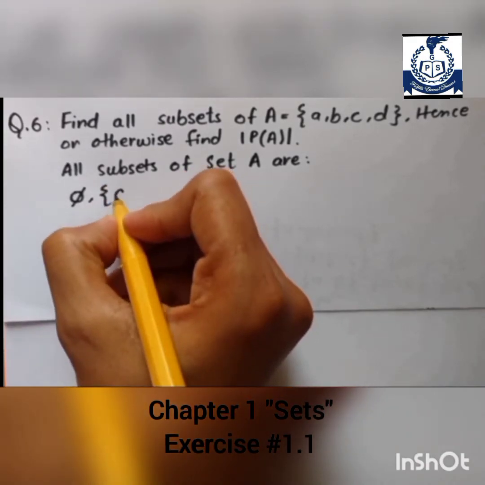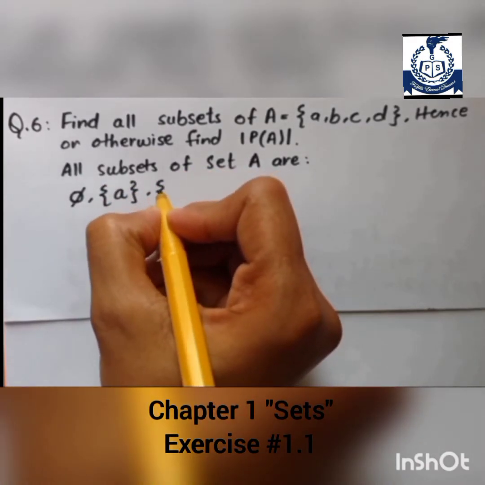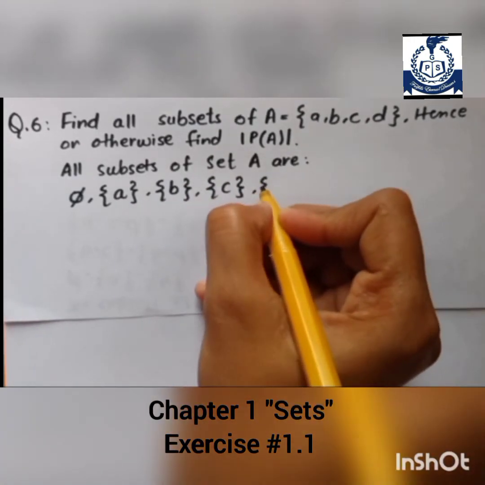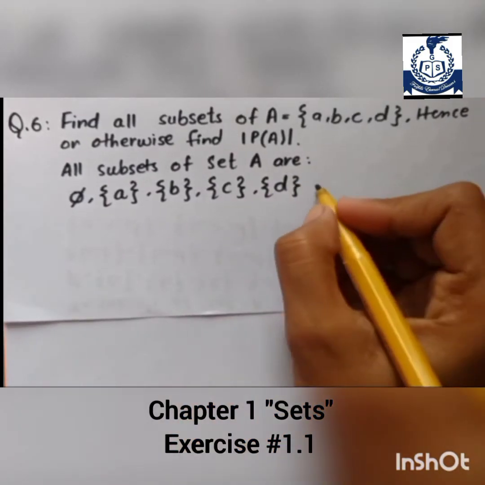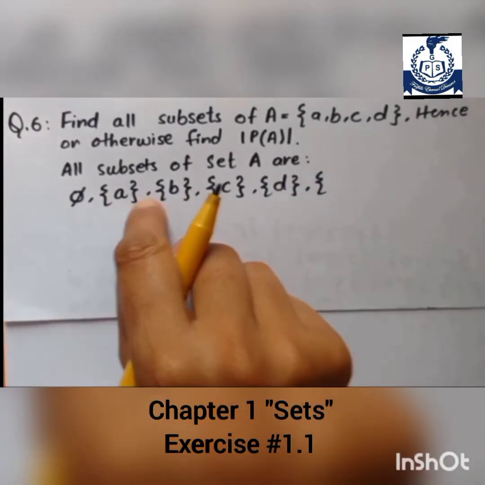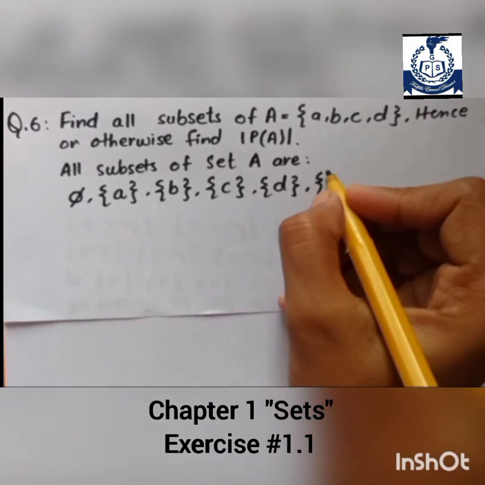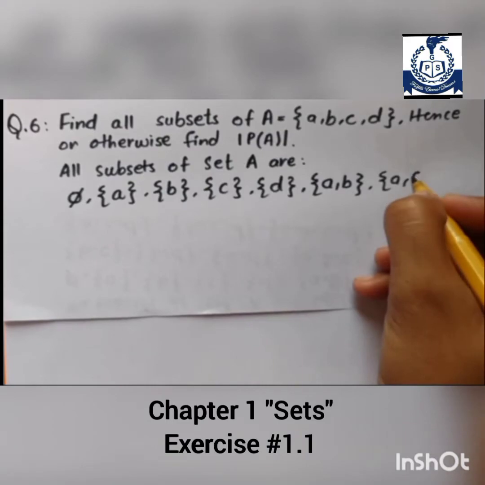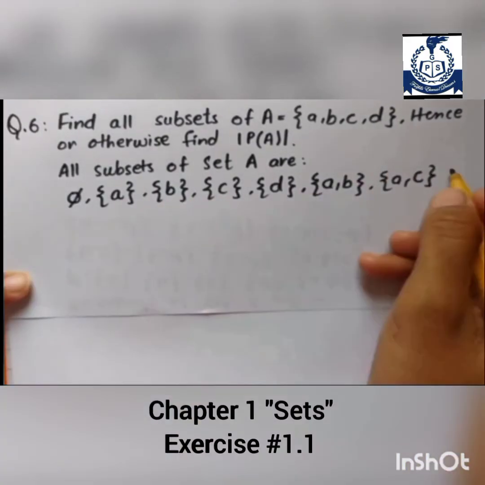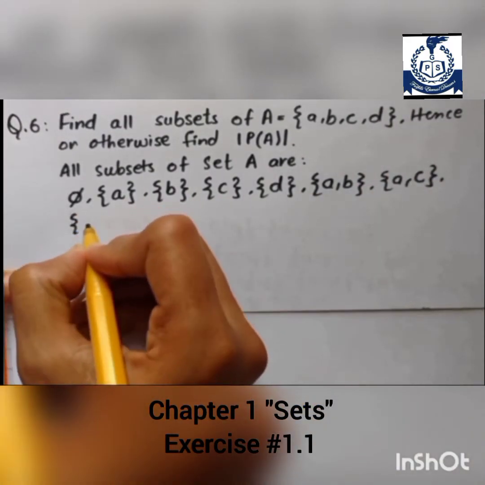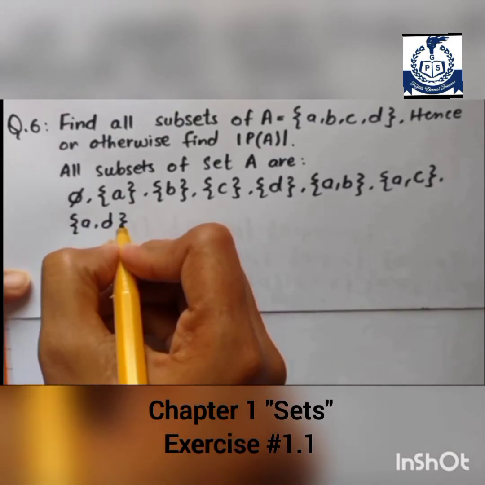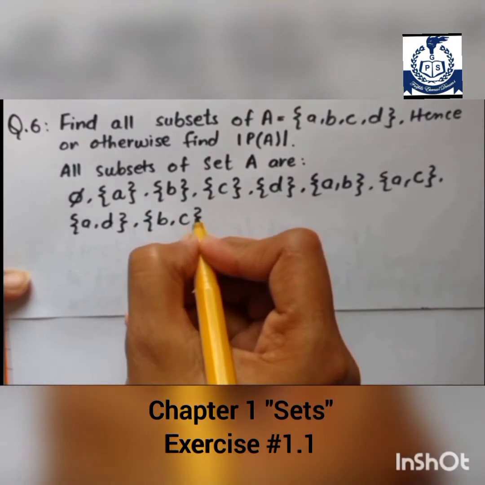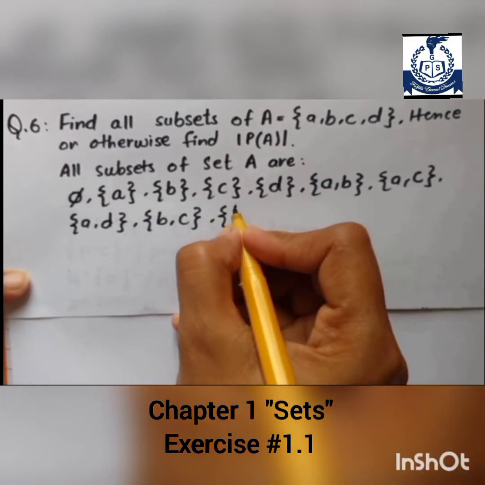Null, first one is null, second one is a, third one is b, c, d. So now we start to make a pair of 2: ab, ac, ad, bc, bd.